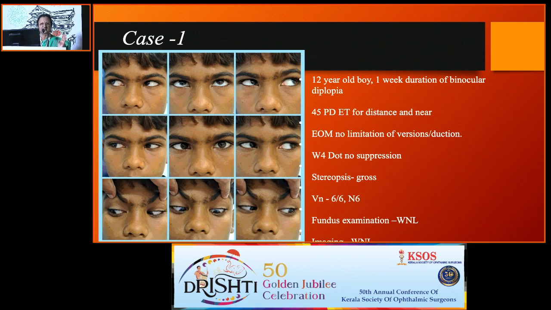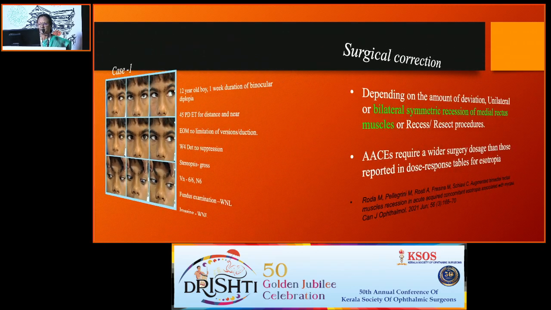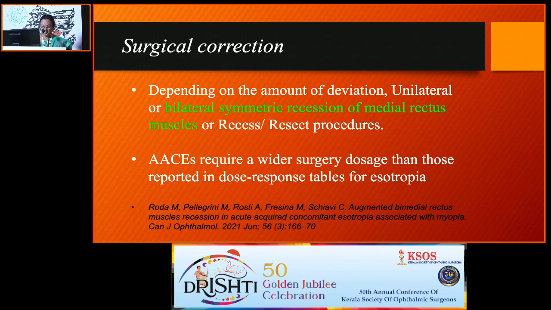In our series, all 5 patients had similar findings of large angle, normal extraocular movements, normal vision, normal fundus, and normal imaging. He was treated with botulinum toxin last week. The results we are just awaiting, but he shows minimal ptosis now.